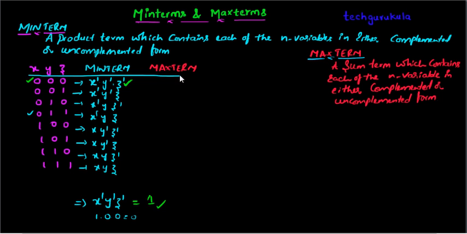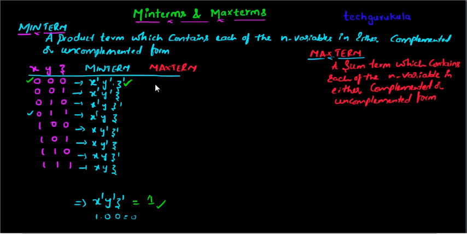Now how do we write the maxterm for each possible combination of these three variables? For the first one, unlike minterms, this is reverse. If you have 0, you represent the variable as it is.